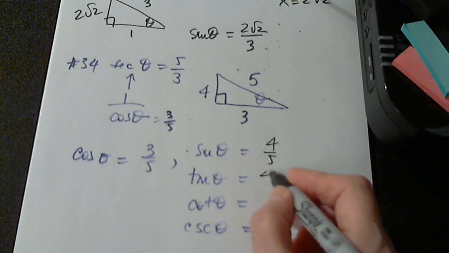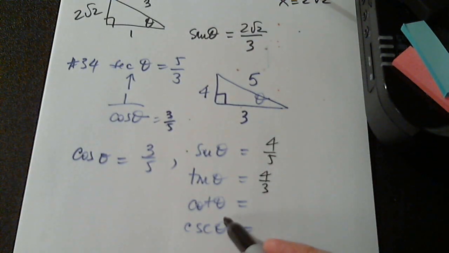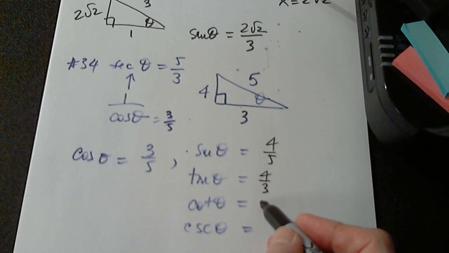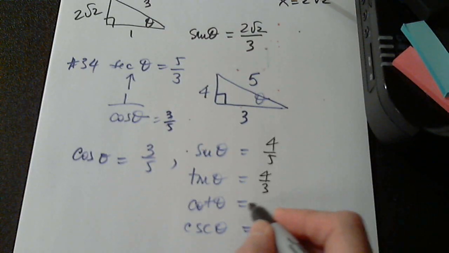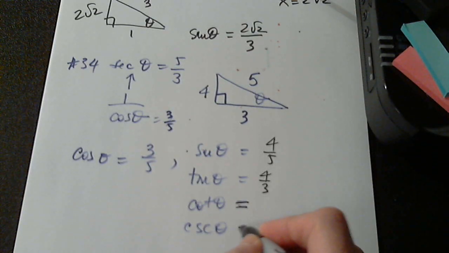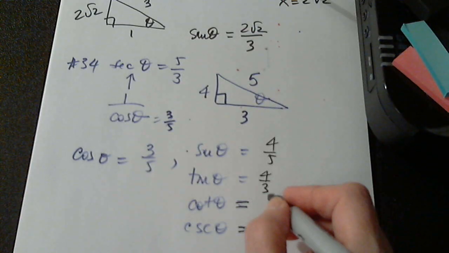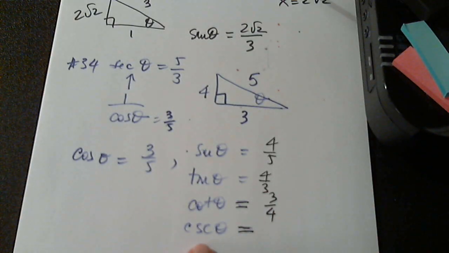Four over 3. Perfect. Cotangent has to be the multiplicative inverse of tangent. How much is cotangent? 3/4. Of course.